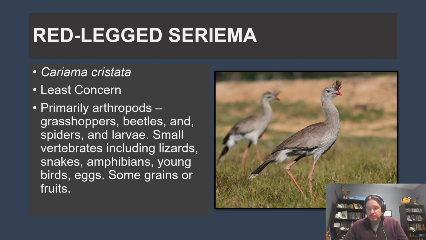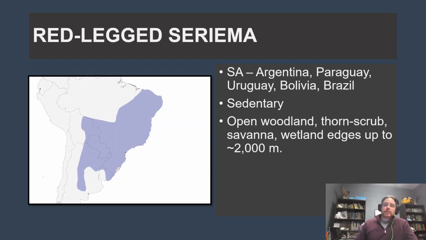They do eat some amount of grains and fruit as well. They're found in Argentina, Paraguay, Uruguay, Bolivia, and Brazil, and are sedentary, open woodland, and thorn scrub species. They're also found in savannas and along wetland edges all the way up to 2,000 meters.